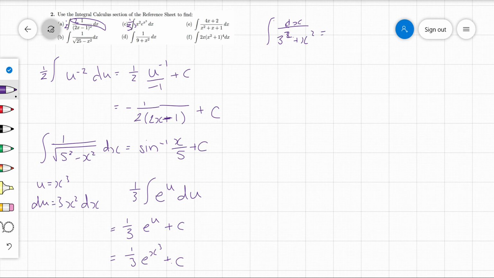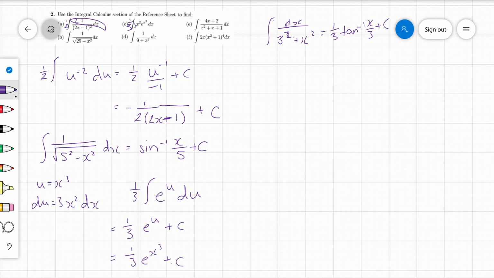So if you have a look at your reference sheet, that's the inverse tan one. So just remember, for inverse tan, you need the 1 on a, so in this case, the 1 on 3. Then you've got the inverse tan of x on a, and it's plus c because we don't have any limits. All right.